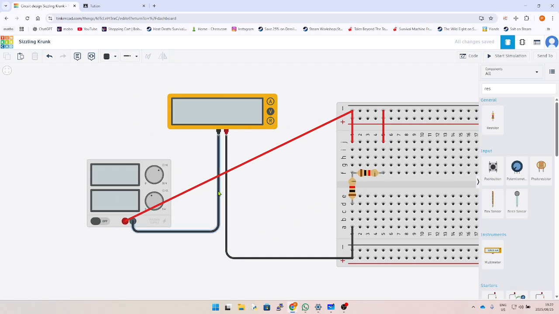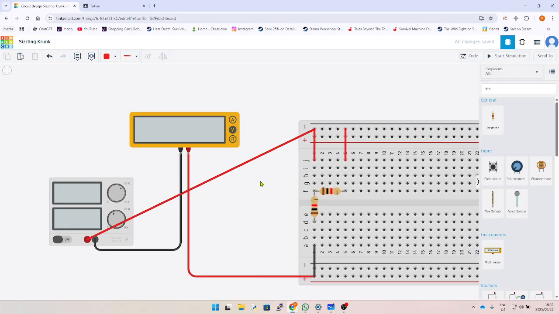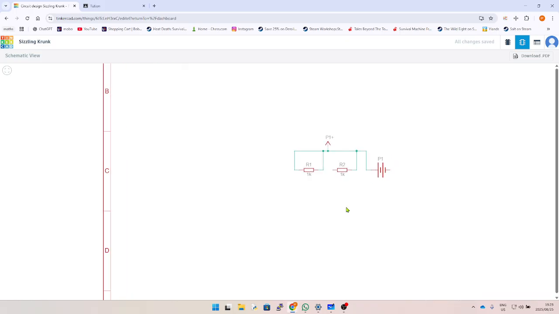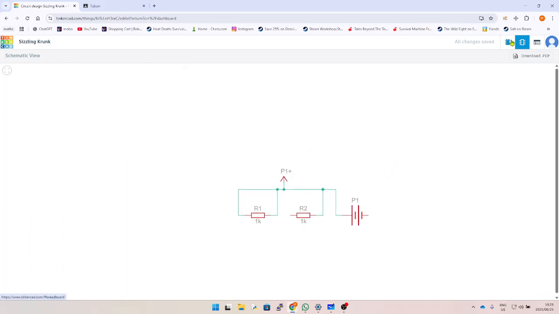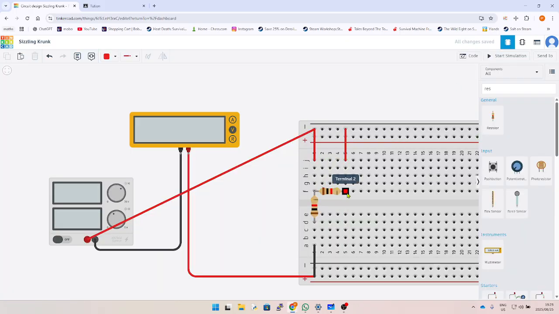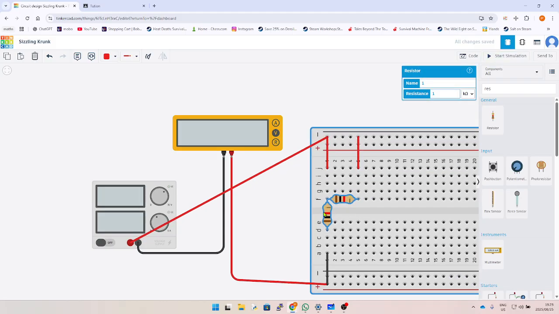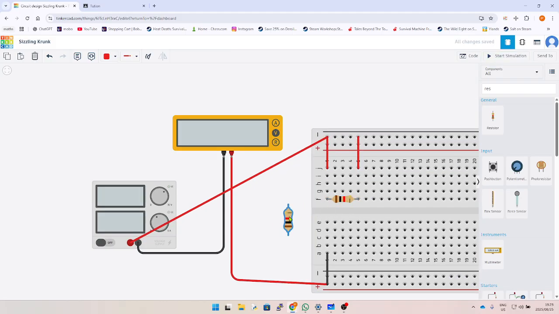Now, if I try and connect this up, based on what I've explained, will this circuit work? Yes. And you can see that obviously the one hasn't been connected, but anyway, it will work. And if let's say I take away this resistor, will it still work?